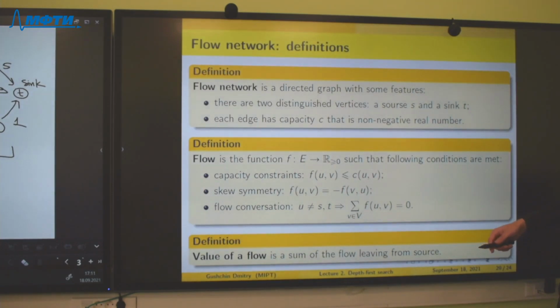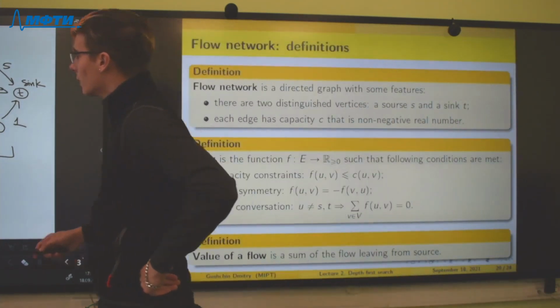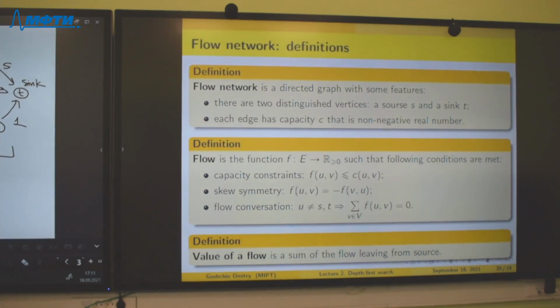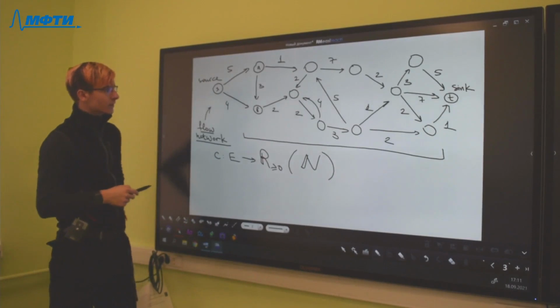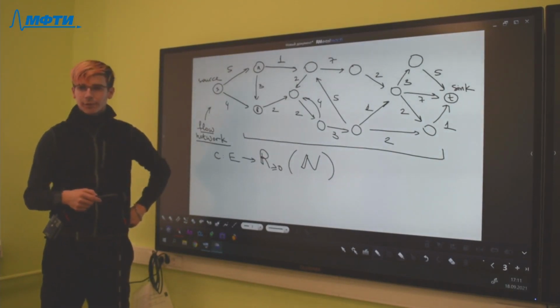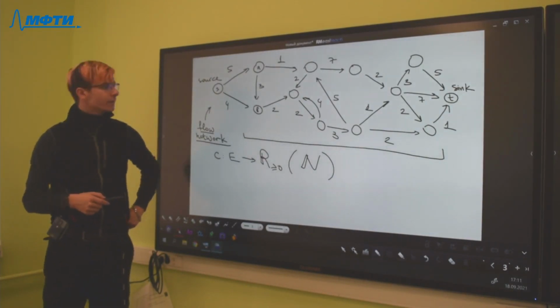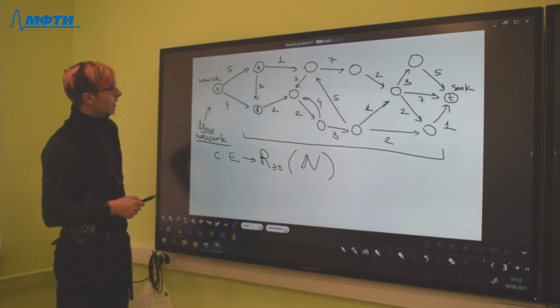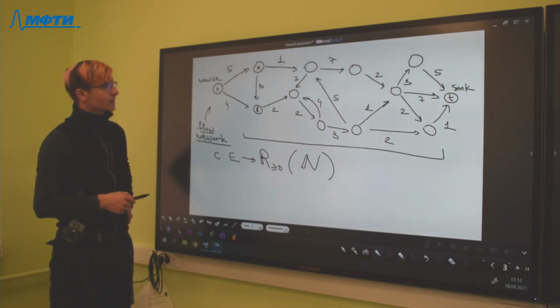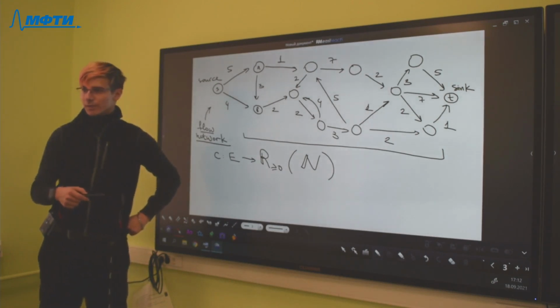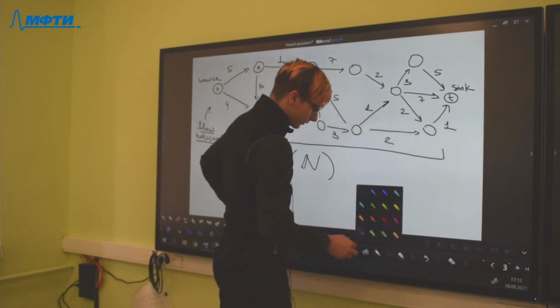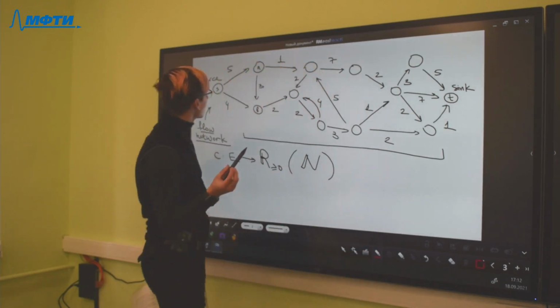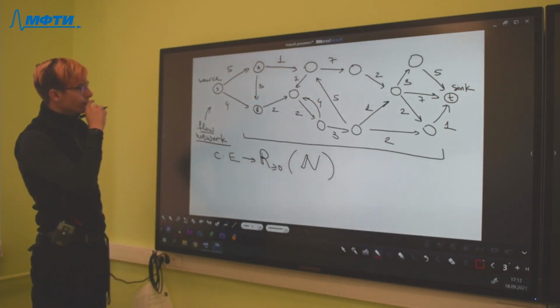Yeah, we say that if we have flow, we can sum all flows that enter a vertex and sum all flows that leave it, and they must be equal. Understandable? Yeah. And for example, I can draw some flow.